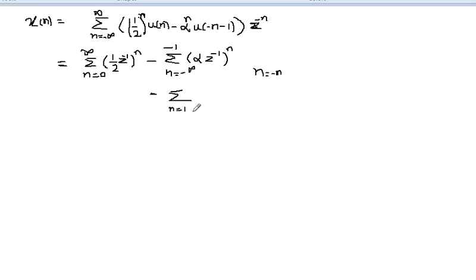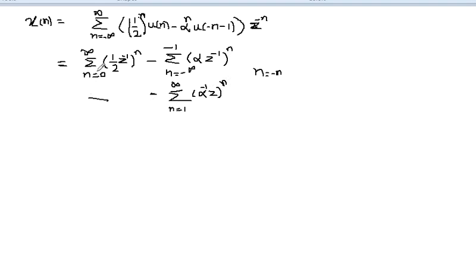Let's write the lower limit first, and then upper one, and it is alpha z to the power alpha raised to minus 1, because n has gone to minus n, so it will be in this fashion.